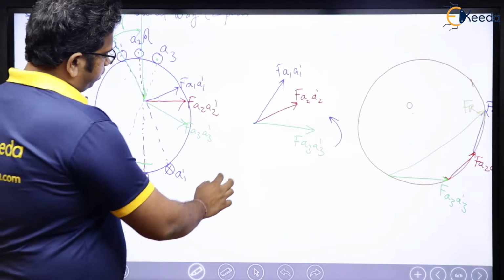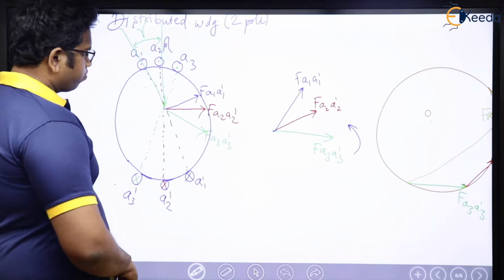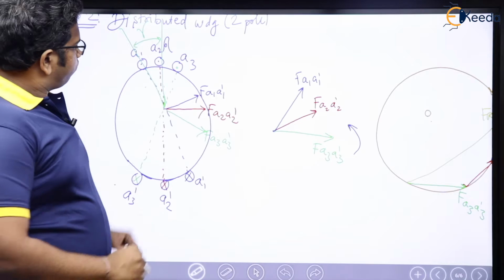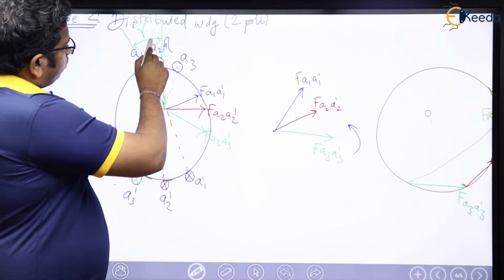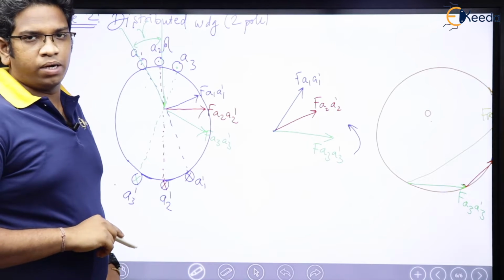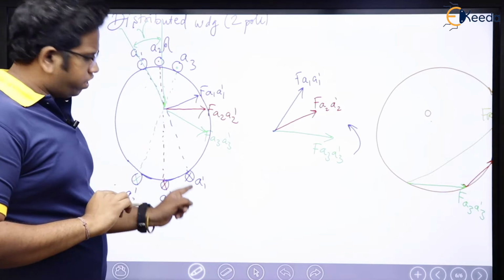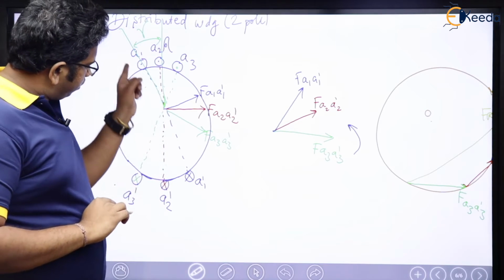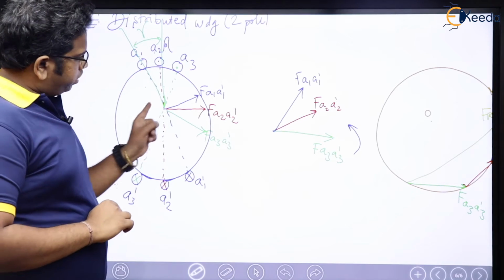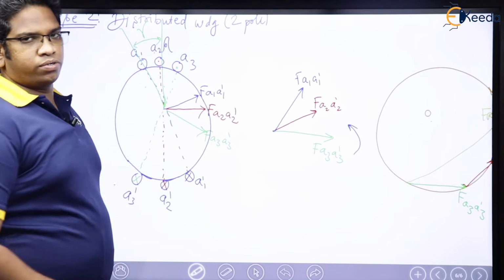See here, very simple. What about MMF, let us say? Yes, see here. What has happened here? When it got shifted from here to here, in the sense by angle gamma, then what happened? See here, the MMF produced because of A1 A1 dash is in this direction, and the MMF produced by A2 A2 dash is in this direction, which means the net MMF produced will also change.